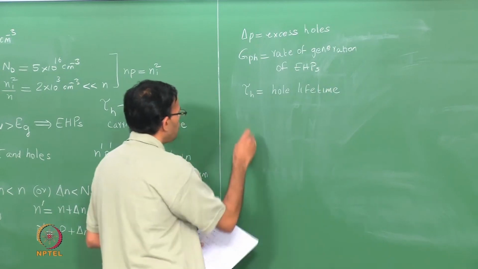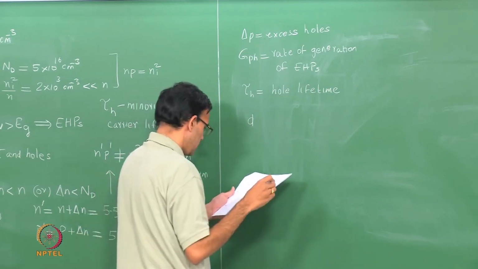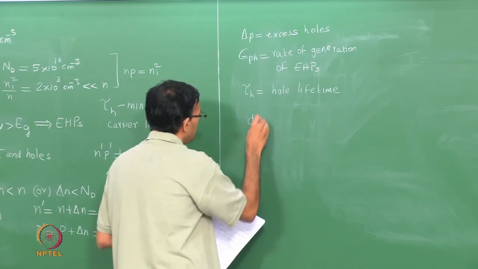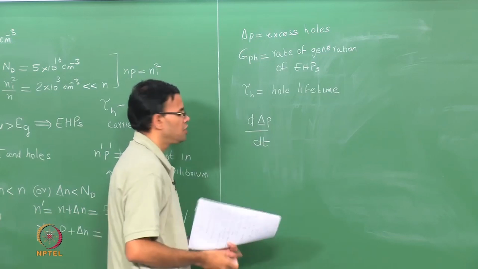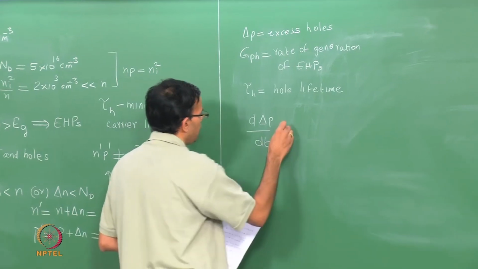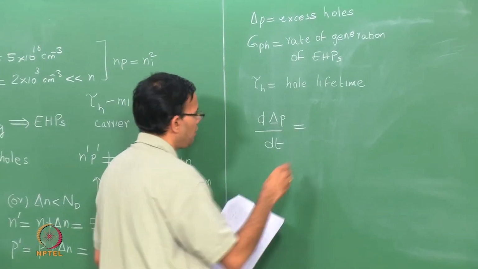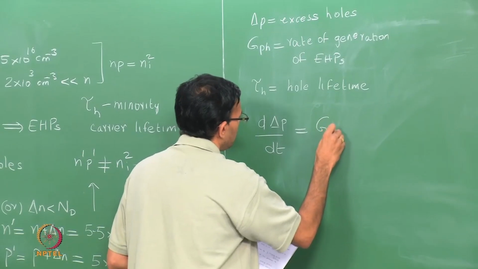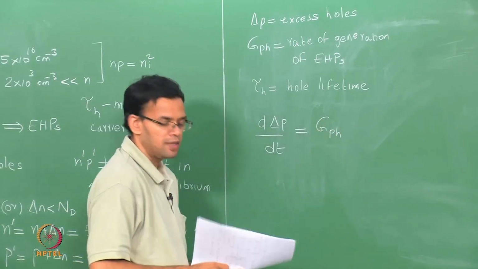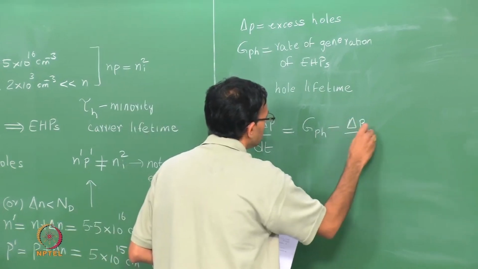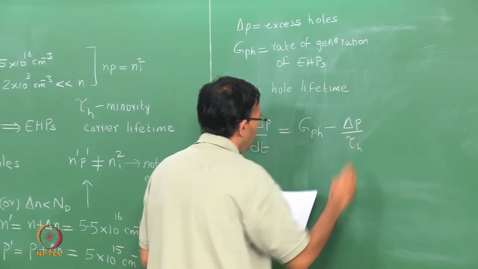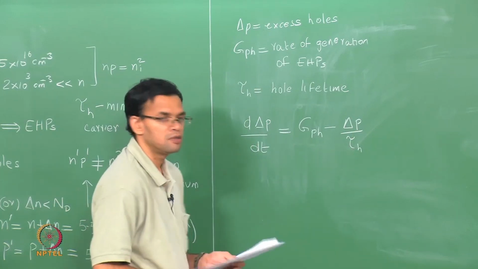So we can write an equation for d delta p over dt, the rate of change of the excess minority carriers, which is equal to how many are generated minus how many holes are lost due to recombination.